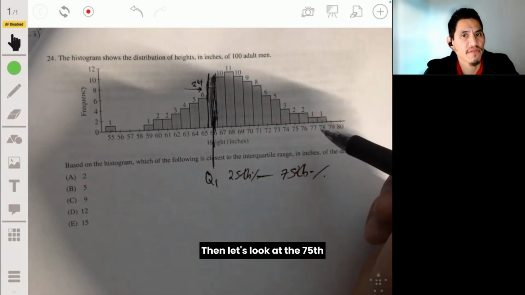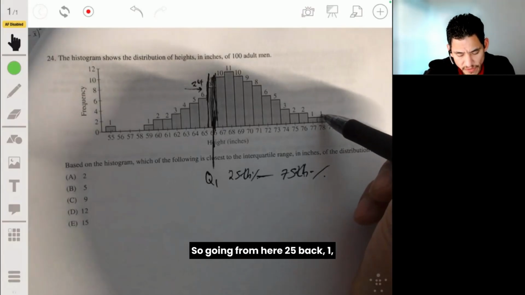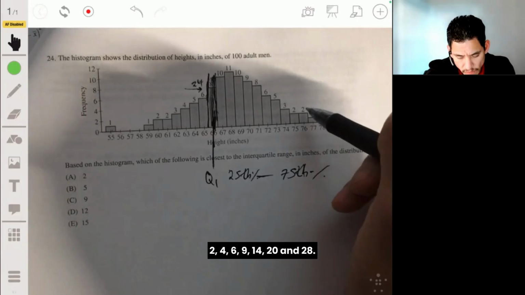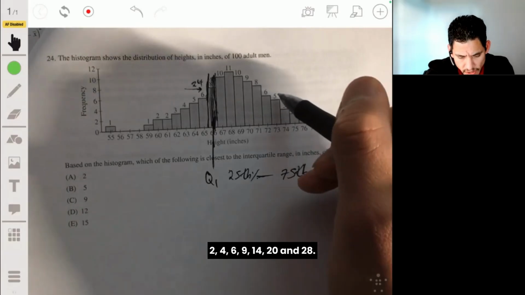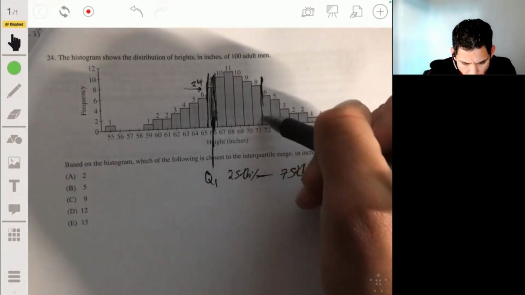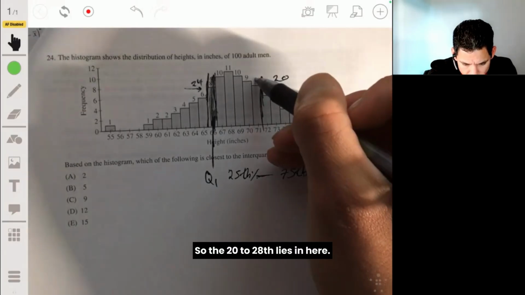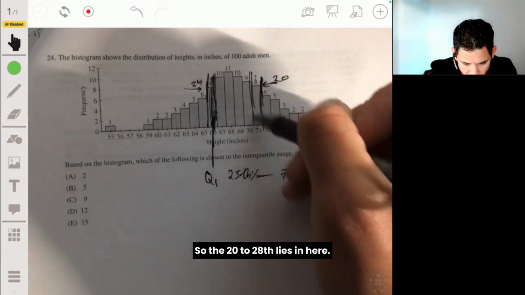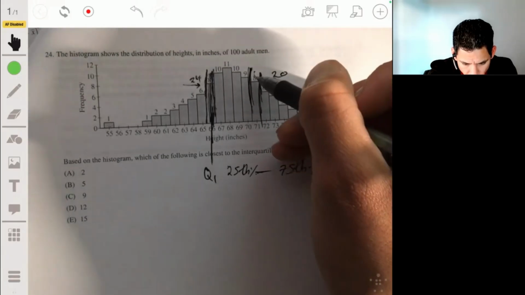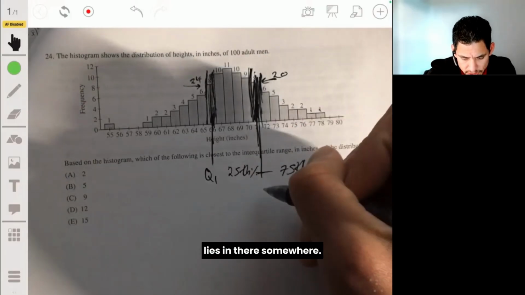Then let's look at the 75th person, or let's count backwards. Going from here, 25 back: 1, 2, 4, 6, 9, 14, 20, and 28. So here's the 20th. So the 20th to 28th lies in here. So then Q3 lies in there somewhere.